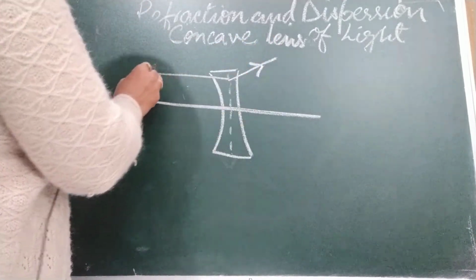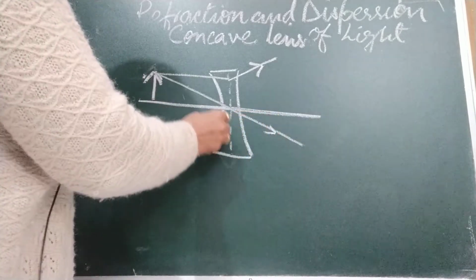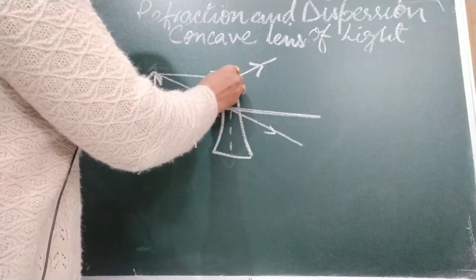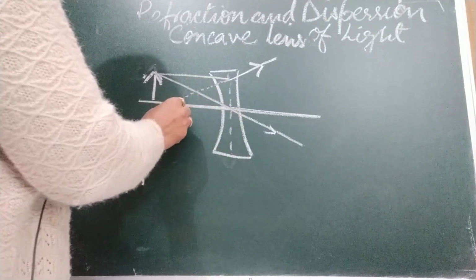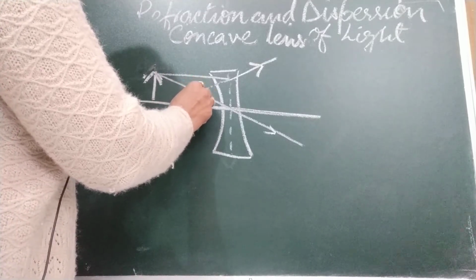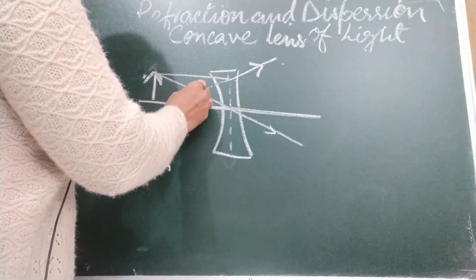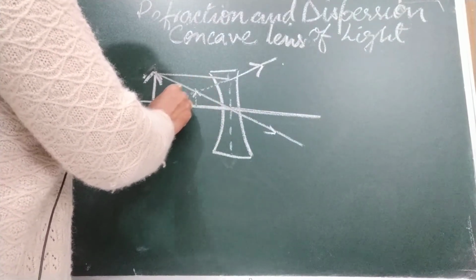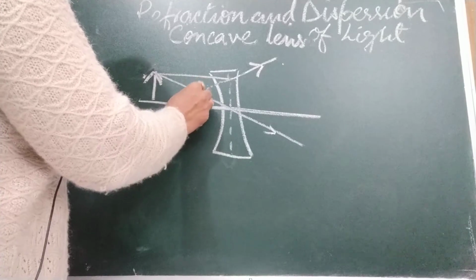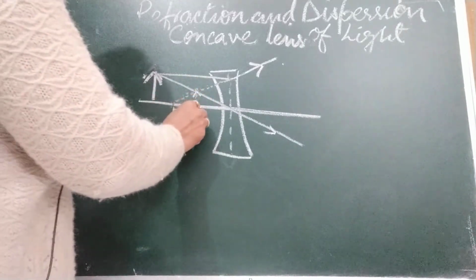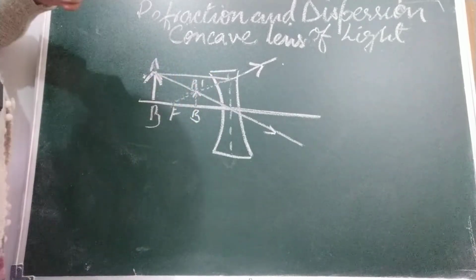And the second ray, as I told you, passes from here, going straight. When we bring it back, where these two rays are meeting, the image is formed. Here these two rays are not going to meet because of diverging. So on the back side, it seems it is coming from the focus. Here when these two rays meet, we see the image is formed. This image is very small.